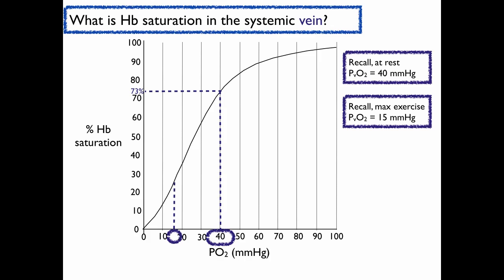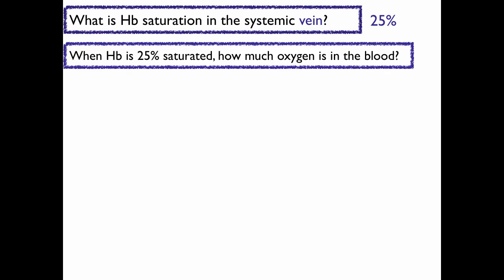We're going to find the point on the graph to find out hemoglobin saturation, which is about 25% during maximal exercise, so that you can see a whole bunch more oxygen has been unloaded at the tissue during exercise because PO2 has dropped. So our next task is to find out, when the hemoglobin is 25% saturated, how much oxygen can be found within the blood?